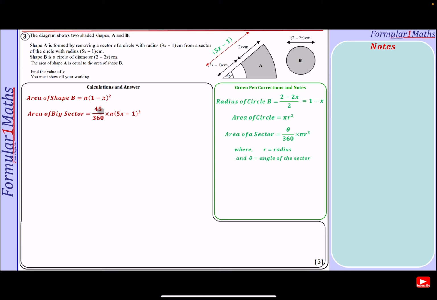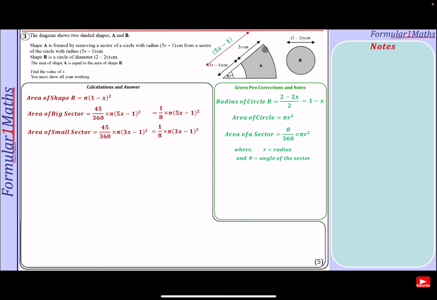We can go and reduce this fraction to get 1/8 pi brackets 5x minus 1 all squared. Similarly, we can find the area of a small sector, which will be this. If it is reduced, you get 1/8 pi brackets 3x minus 1 squared.